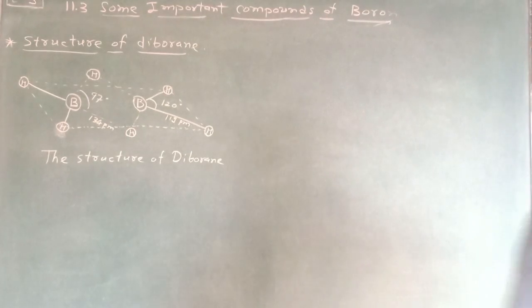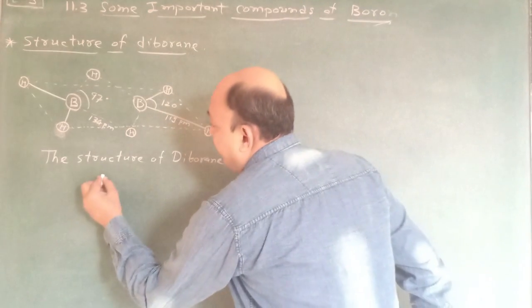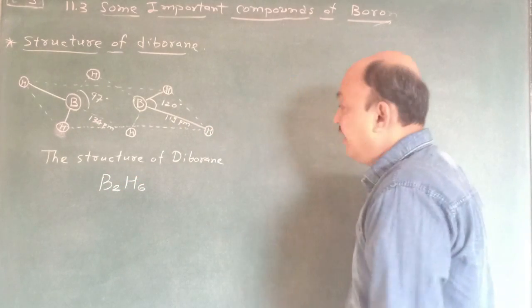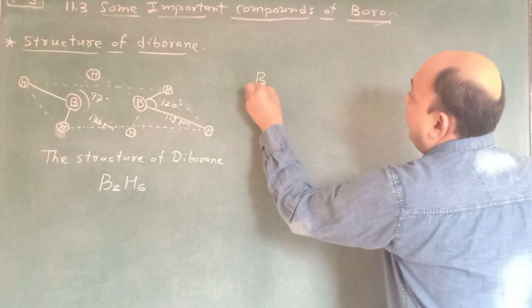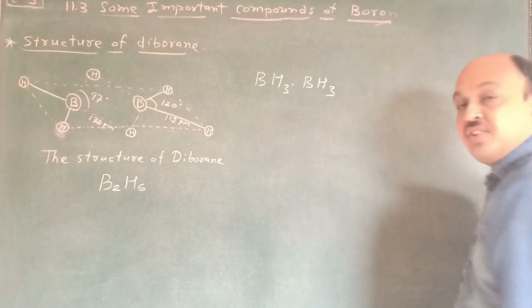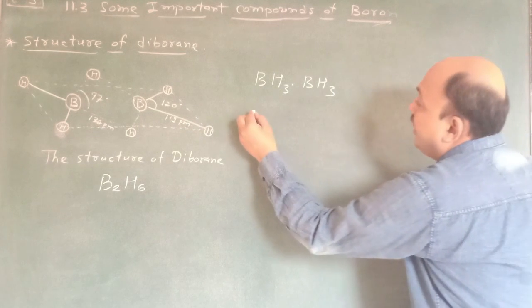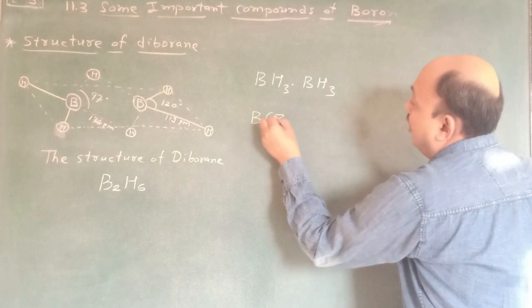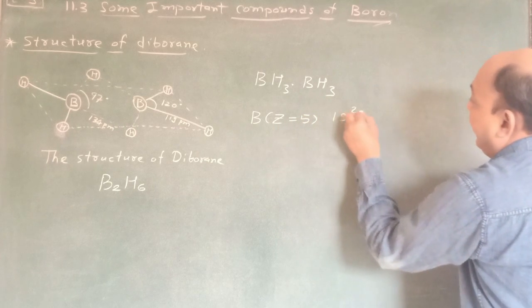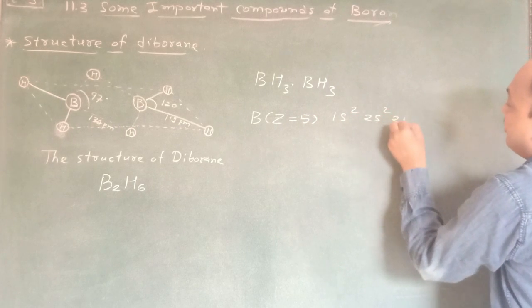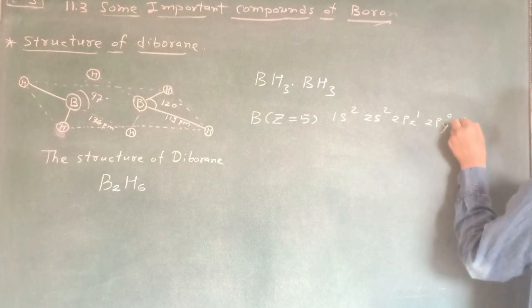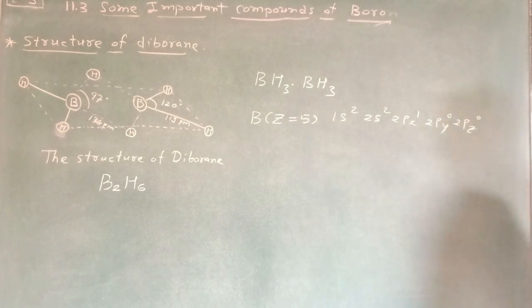Okay, now the structure of diborane. Actually the formula is B2H6 and it is made up of BH3. So the electronic configuration of boron, Z equal to 5, is 1s2, 2s2, 2px1, 2py0 and 2pz0.